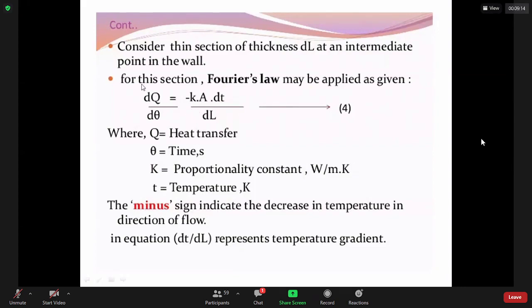So dQ over dt gives us the heat transfer rate, that is, the heat transfer per unit time.